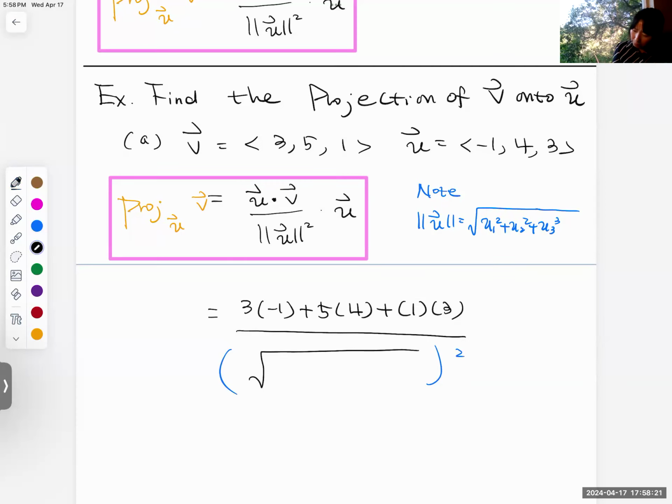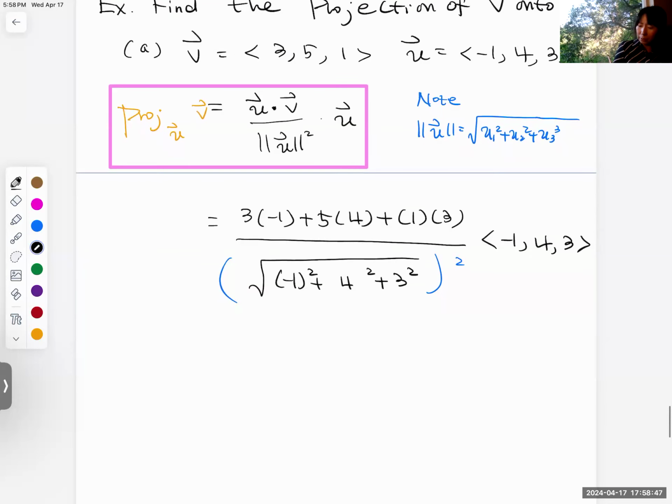So there will be negative 1 squared plus 4 squared plus 3 squared. Can you please calculate? Then U is negative 1, 4, 3. We express it this way, okay?